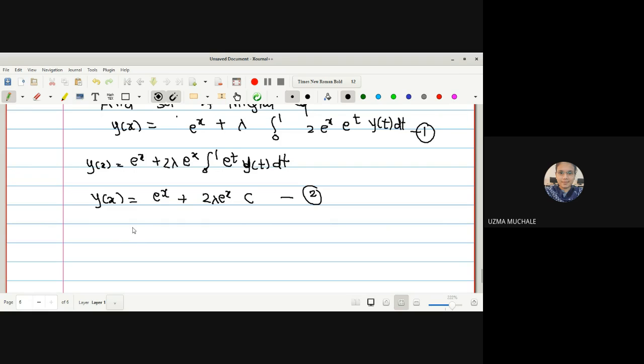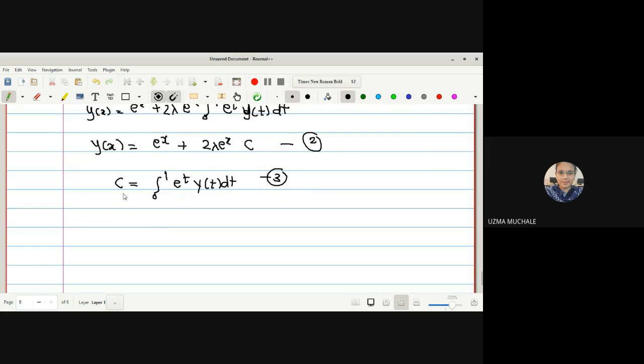Okay. What is the next step? For the value of c we have to write this: integration 0 to 1 e raised to t y of t dt, which is our equation 3. Now what is the next step? Use equation 2 in terms of t in equation 3.